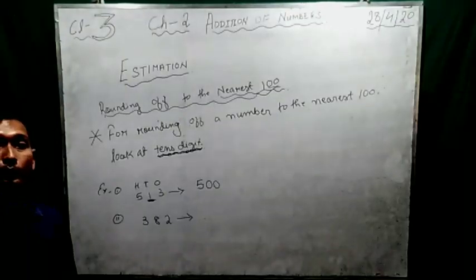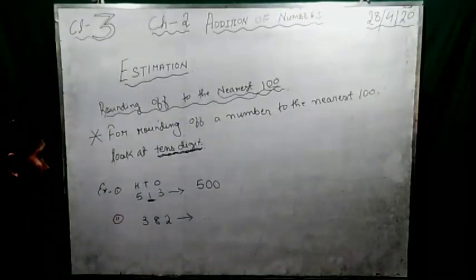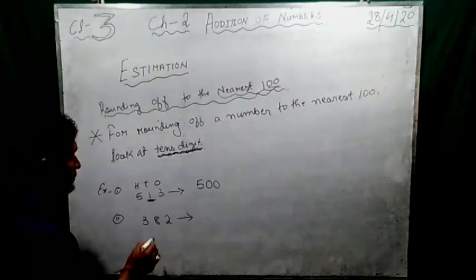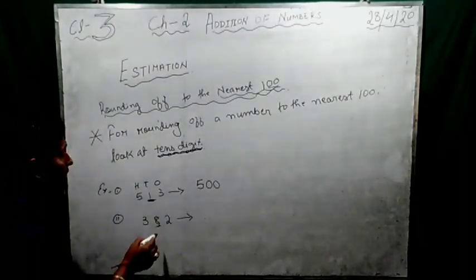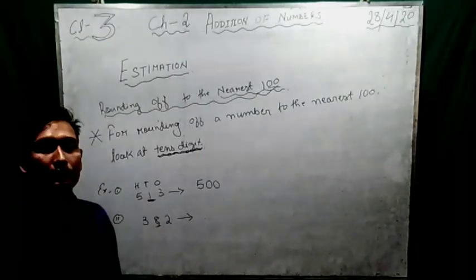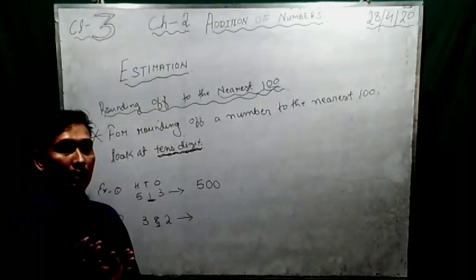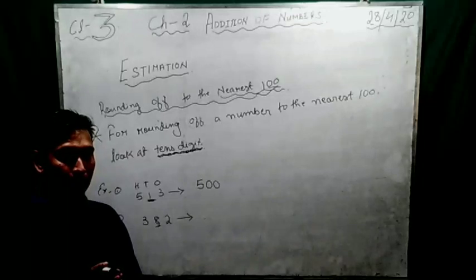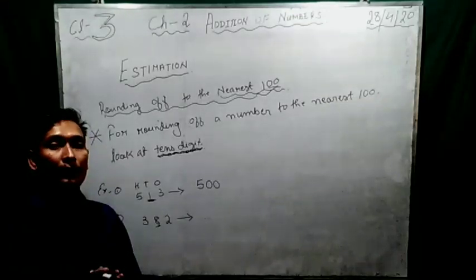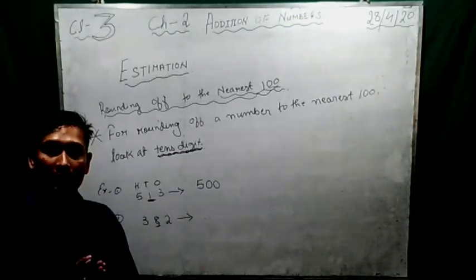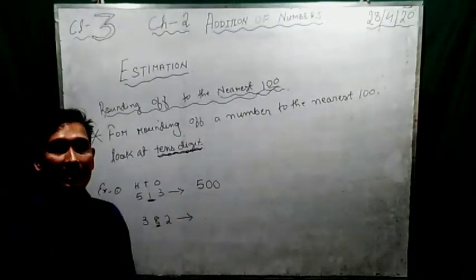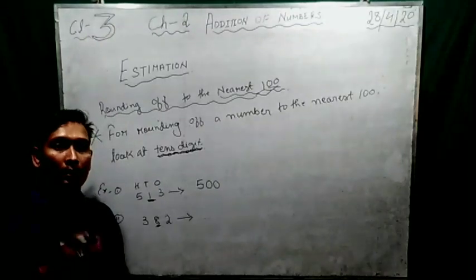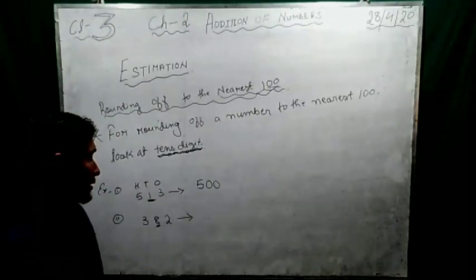Clear, students? Now one more example. We are doing the nearest 100 and we have to see the tens place number. So what is the tens place number? 8. Is it less than 5, or 5 or more than 5? Obviously it is more than 5.